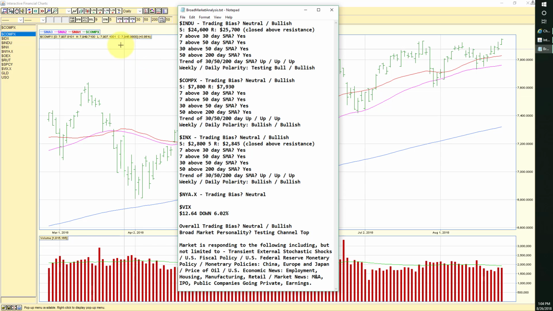We closed at $7,945.98. Our low was $7,907.10. We're going to go ahead and take a note that we closed above resistance. We're going to keep our neutral bullish trading bias for now till we break through overhead ceilings.